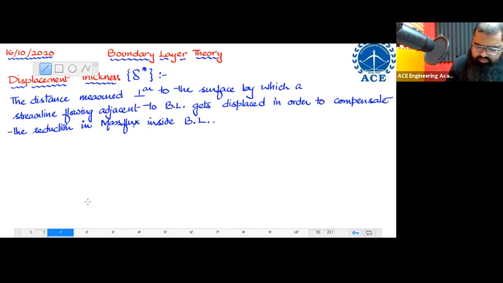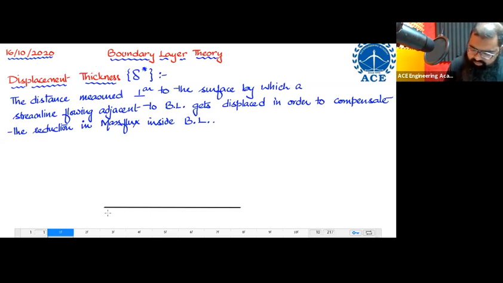Imagine there is a particular plate, some surface. Let us say on this surface, there is some fluid flowing, so boundary layer formation is taking place.